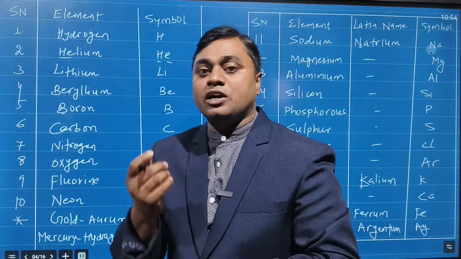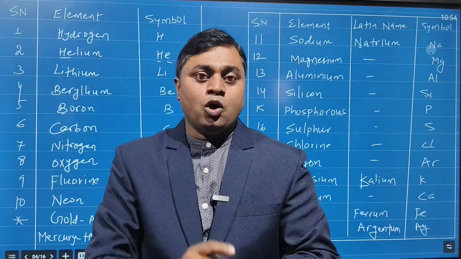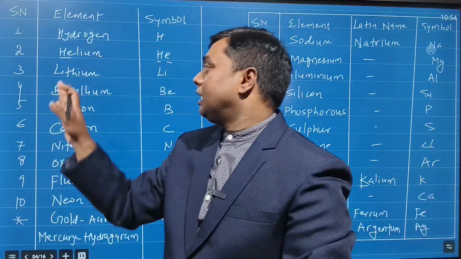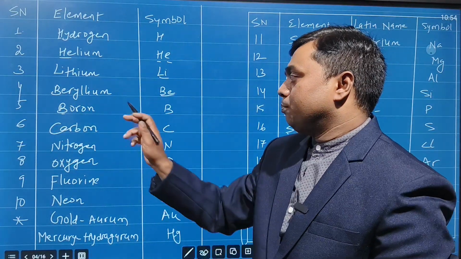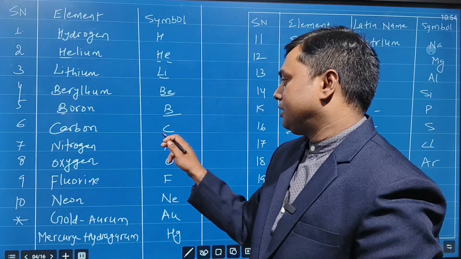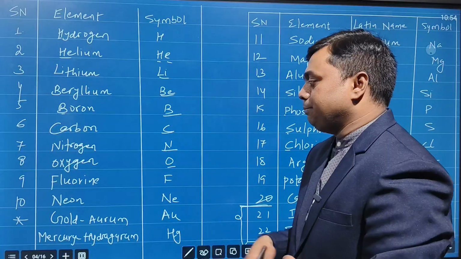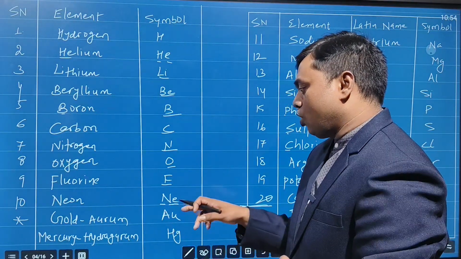So generally symbols are the first letter of the element, or first two letters, or in between some letter will be there. Like lithium, capital L, small i. Beryllium, Be. Boron, just B. Carbon, capital C. Nitrogen, N. Oxygen, O. Fluorine, F. Neon, capital N, small e.